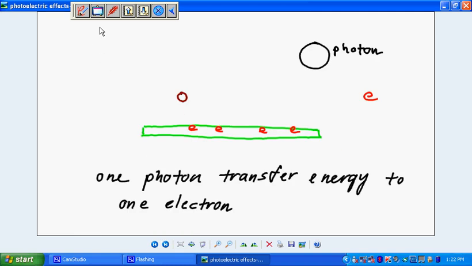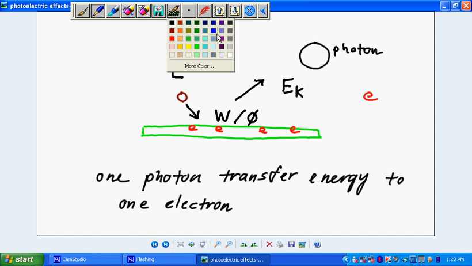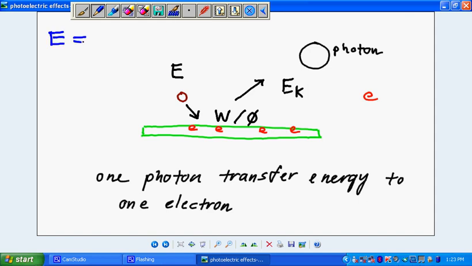Since the incident photon is coming with the incident energy, and the requirement to dislodge the electron is W or phi, and the energy that comes out is kinetic energy, we can make one concluding formula. The formula is E equals W plus EK.